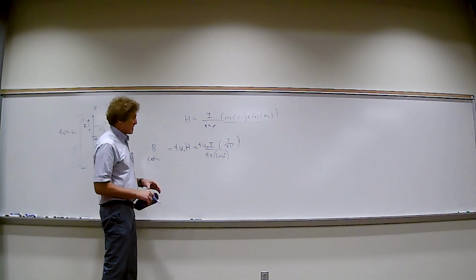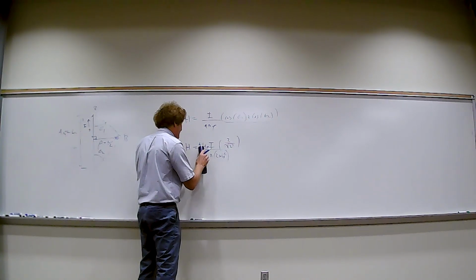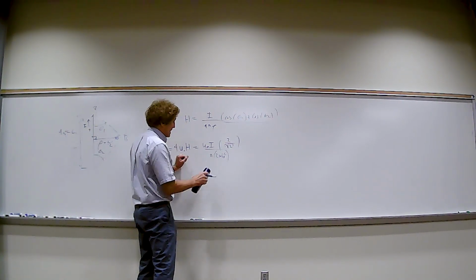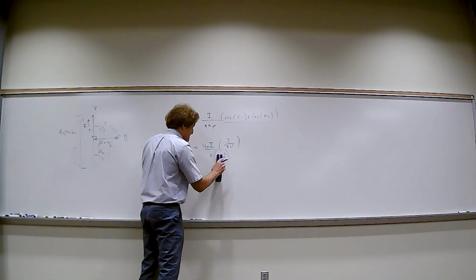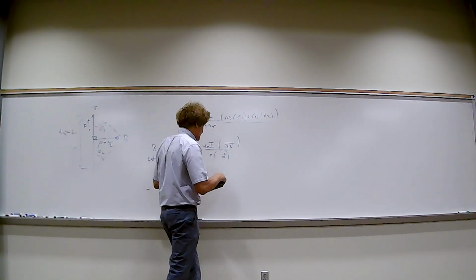And I'm going to just do this quickly. I can see that I got 4 here and 4 here, I can cancel, right? Then I got 2 here, 2 here, I can cancel. And let's see, then I have, what is this going to be?